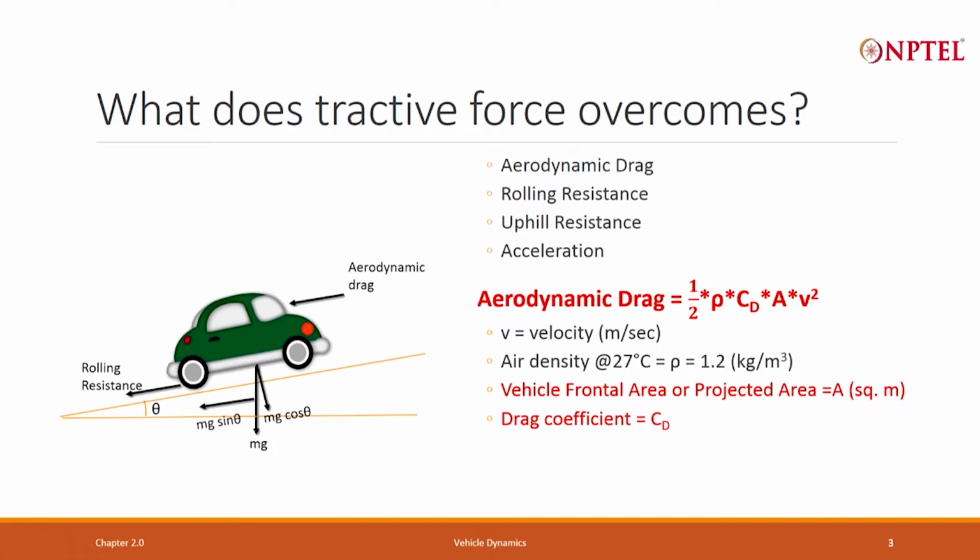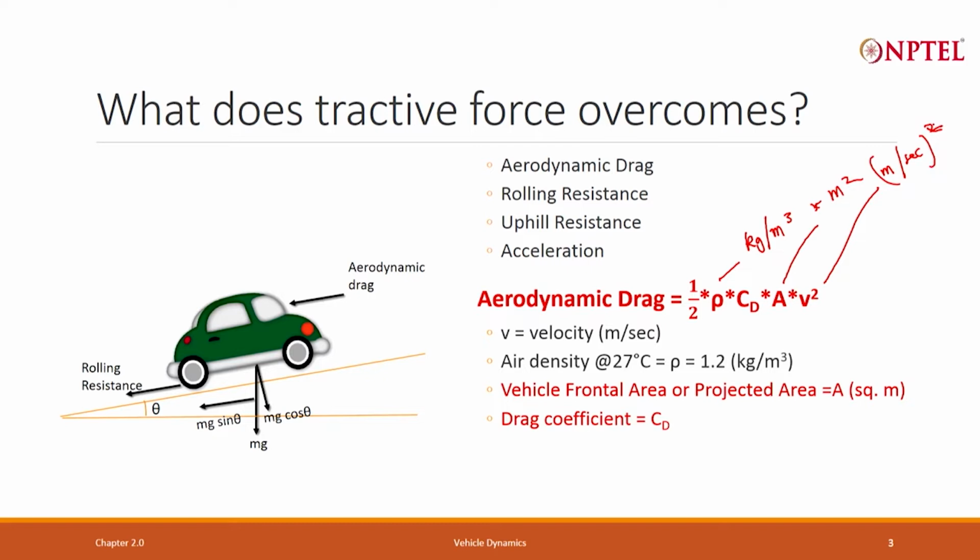So, what will be the unit of aerodynamic drag? We can actually calculate it. Rho is given in terms of kg per meter cube. CD does not have units, area is in meter square, and velocity is meter per second whole square.